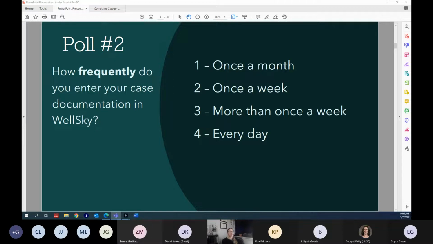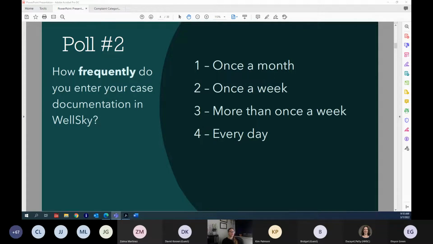Okay. The results I'm seeing actually are surprising me a little bit. They keep coming in, but it looks like about a third, well, now it's closer to a quarter. About a quarter of people are saying they document about once a month. And so we'll talk about that and how that'll need to change upcoming. We're going to ask you to be documenting more frequently. But this is helpful for us to see.